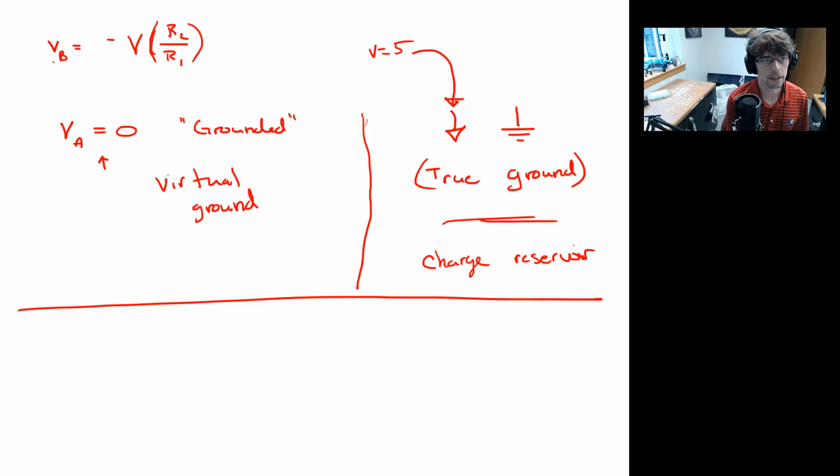The second idea is going back to the amplification of the input signal. You notice for a moment that VB, with the appropriate choice of resistors, I could end up with an output potential dramatically larger than my input potential.